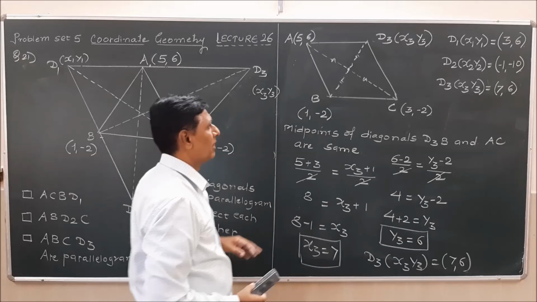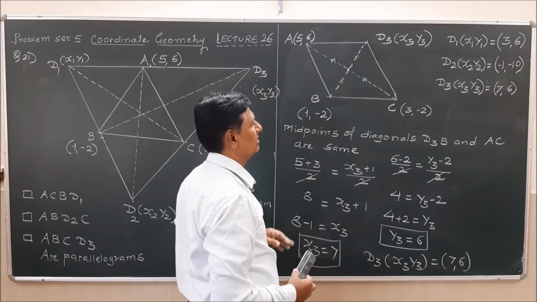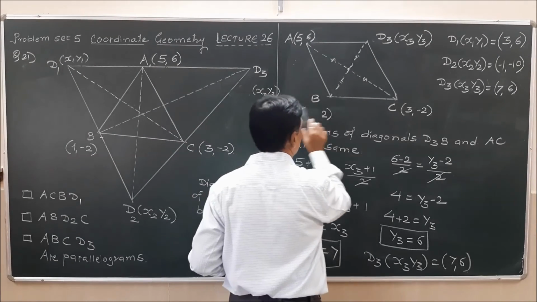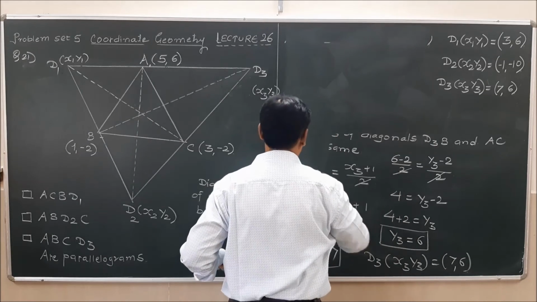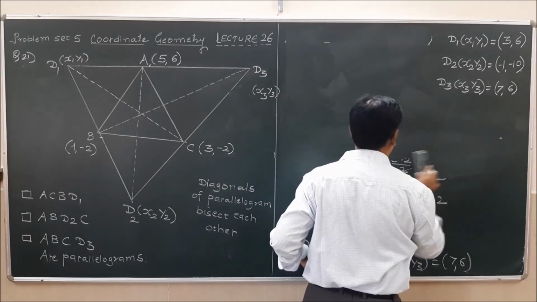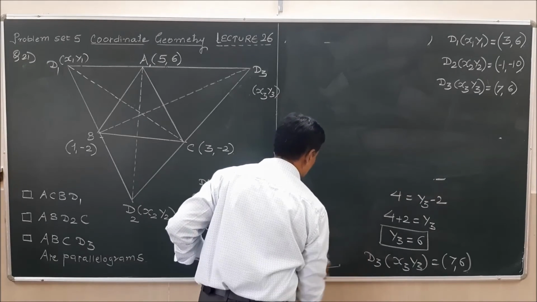So you will find here that D1, x1, y1 is 3, 6.